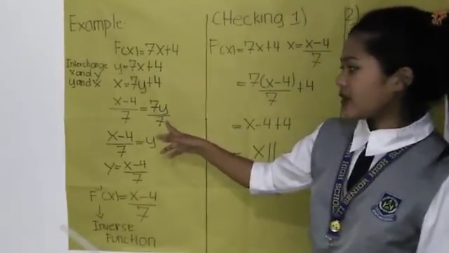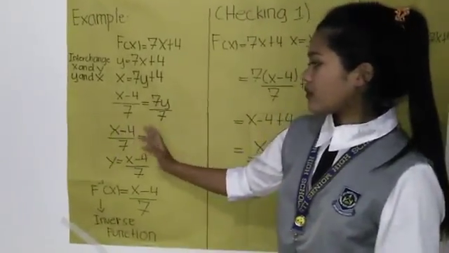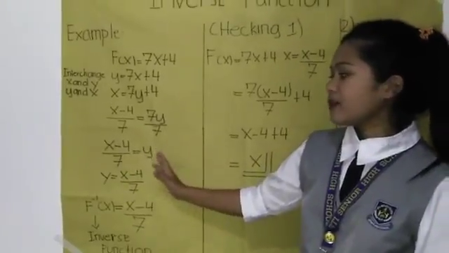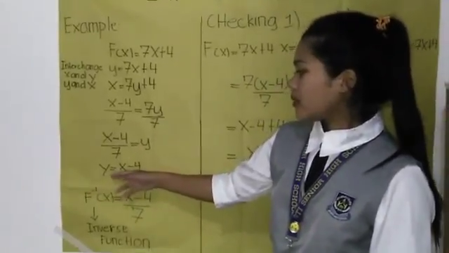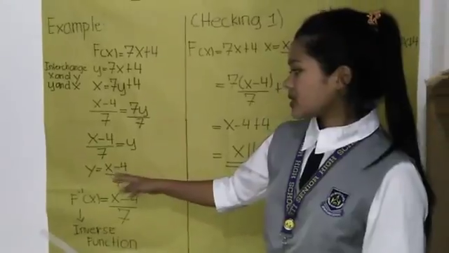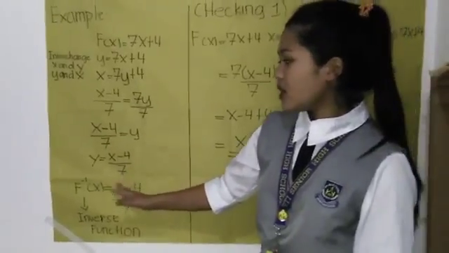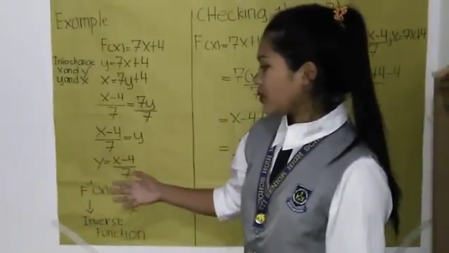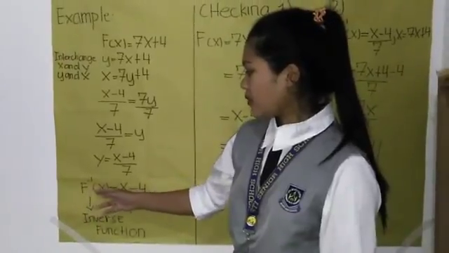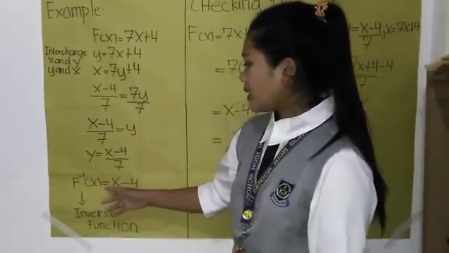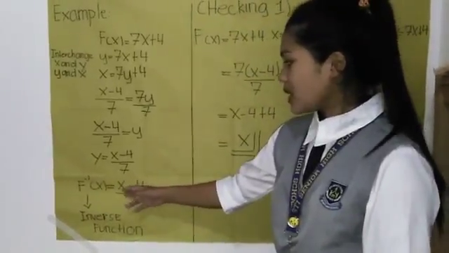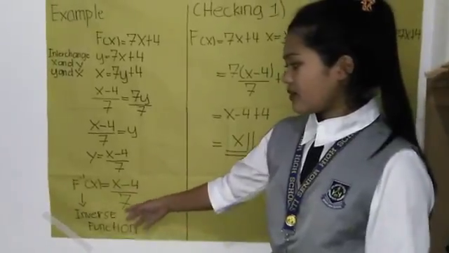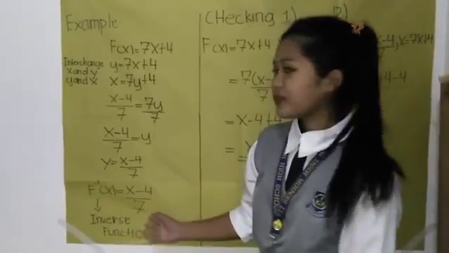So cancel the 7, and x minus 4 over 7 equals y. So y equals x minus 4 over 7. So we write f of x to the power of negative 1 equals x minus 4 over 7. So this is the inverse function.